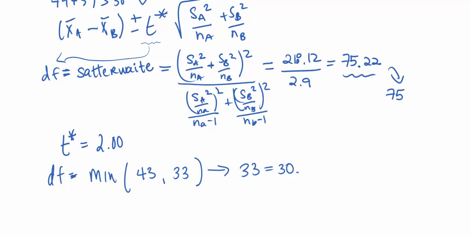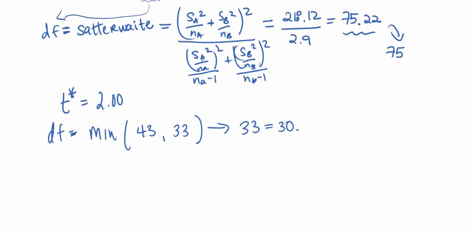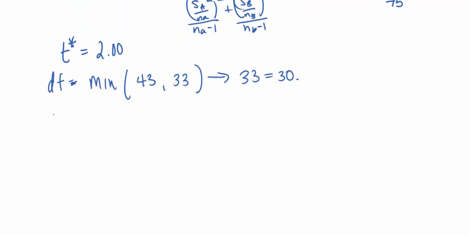So let's go ahead and plug in the values for our confidence interval. Now that we have all the things that we need, we're going to put in our X bar A, which in this example was 437.2.